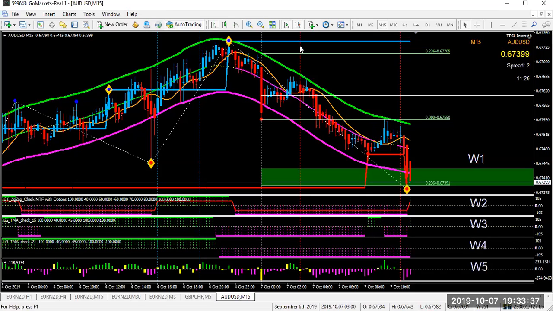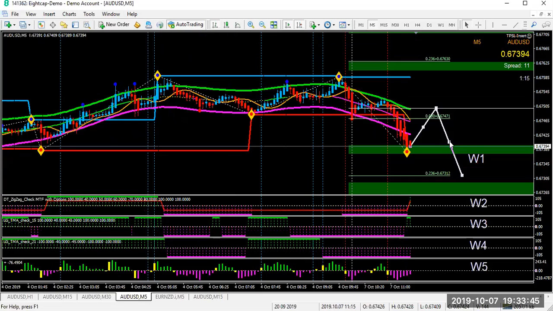Let me get back to 8cap. Once again, the same criteria. We're always looking for the criteria to be met. And when it's met, what does it mean? It's expected to achieve the opposite riverbank, perhaps the opposite channel, a 1-for-1.